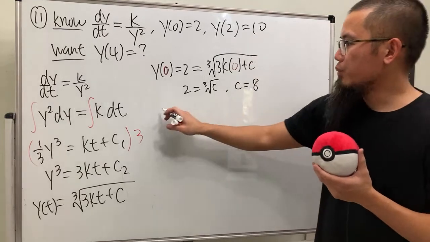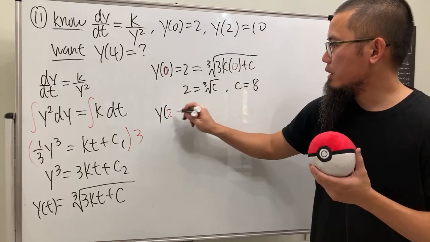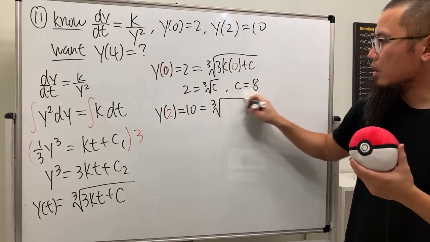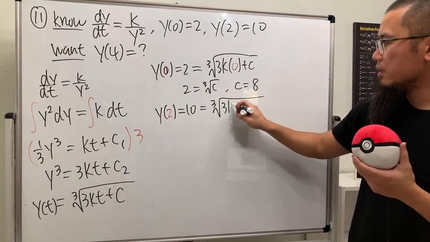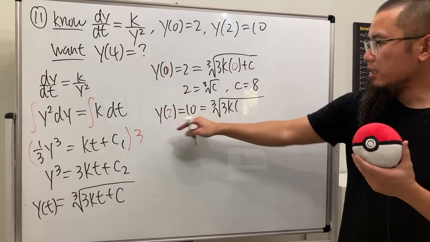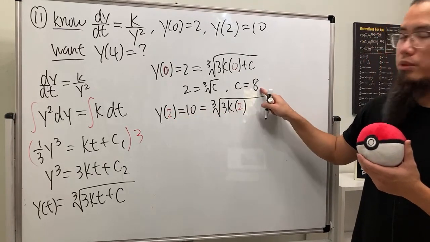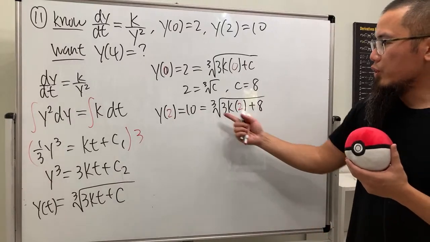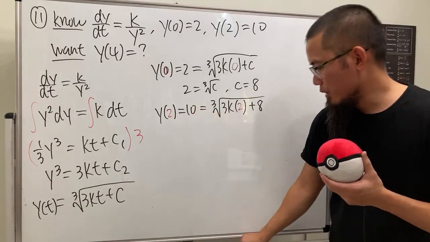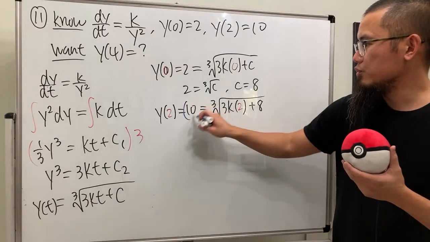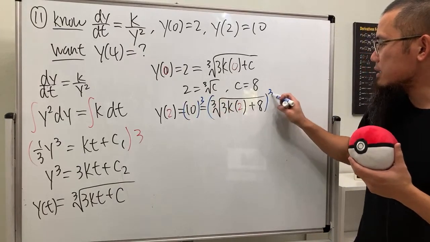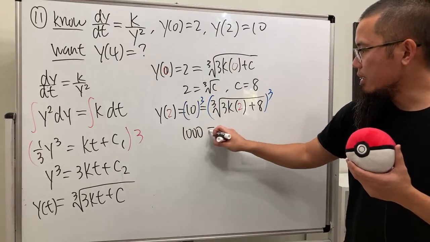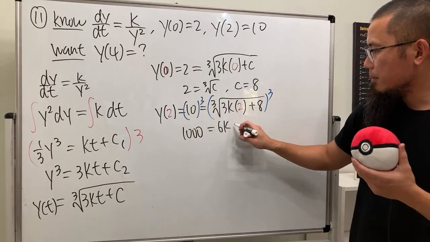And from this equation, we know y(2) is equal to 10. That tells us the cube root of 3k times 2, and we know c is equal to 8, so plus 8. To make it super clear, we cube both sides, so the left-hand side is 1000, and the right-hand side is 6k plus 8.